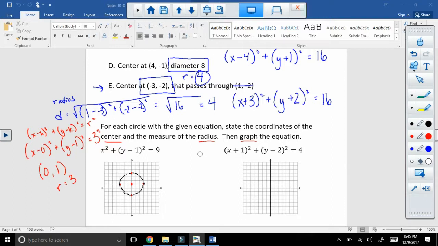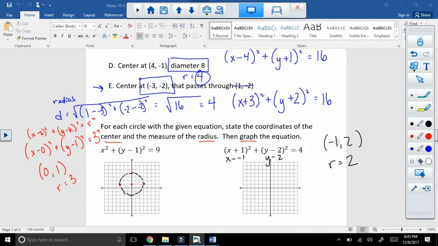For this next one, again, think about the way that this equation would have to be. It would have to be x minus what x value? So it'd actually be minus -1 and y minus 2. So that's going to make the center at -1, 2, and the radius is going to be 2.